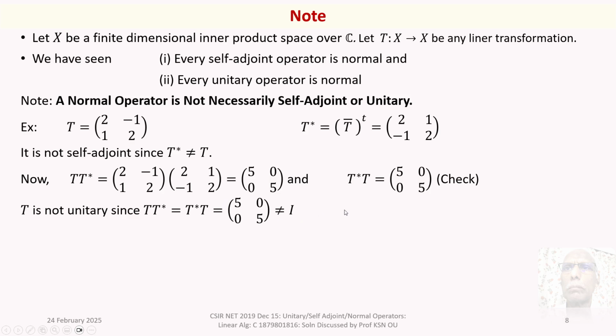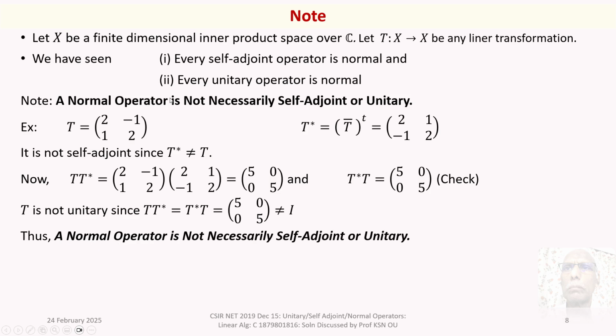So it is not unitary. But it is normal, because TT star is equal to T star T is satisfied. Thus a normal operator is not necessarily self-adjoint or unitary.